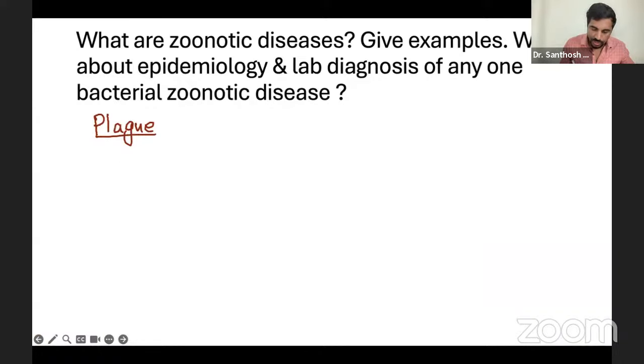Everything is important here. First of all, you have to tell about the etiology, which is caused by what, and what is the reservoir, and then how it is transmitted, and then some of the virulence factors.